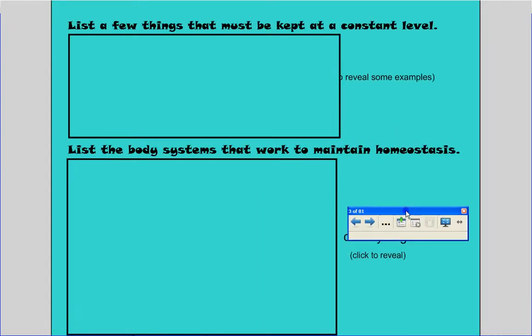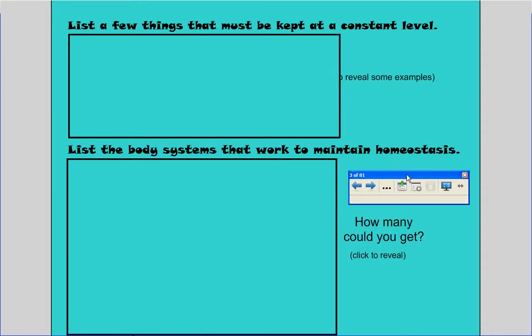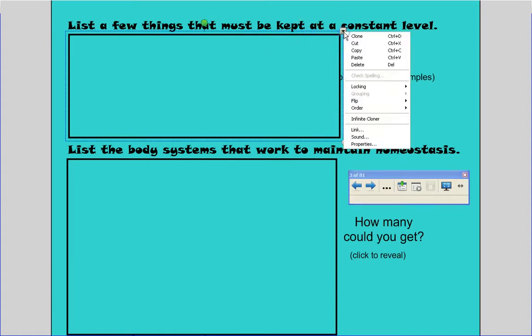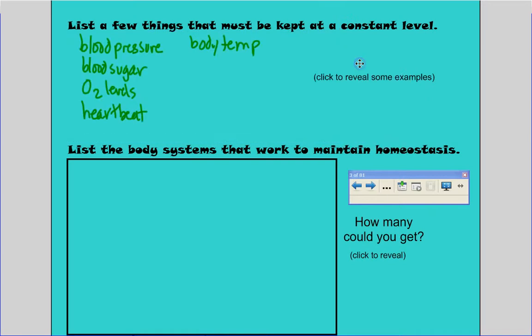We talked about just basically listing a few things that must be kept at a constant level. In order to talk about it, I'd asked that you come prepared for class, so a number of people were able to share some examples of things that must be kept at a constant level. So things like your body temperature, like I just mentioned, or blood sugar levels, or oxygen, carbon dioxide, glucose, any of those.